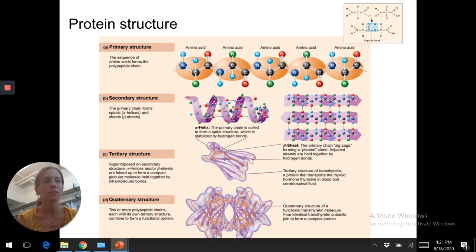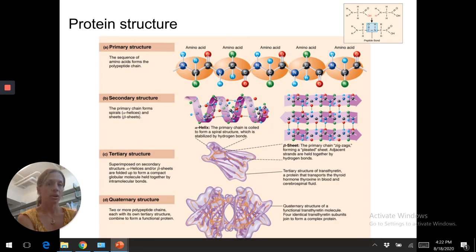So something about this protein right here, this is showing transthyretin, which is able to bind thyroid hormone. Something about its structure is able to bind this thyroid hormone and also travel throughout the blood easily. Quaternary structure is present for some proteins in order for them to function. Not all proteins have quaternary structure.